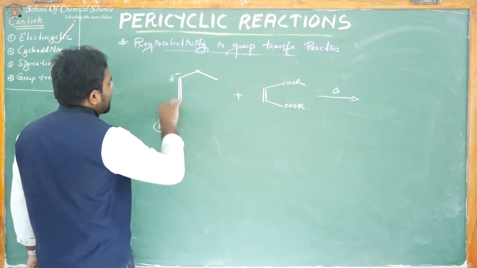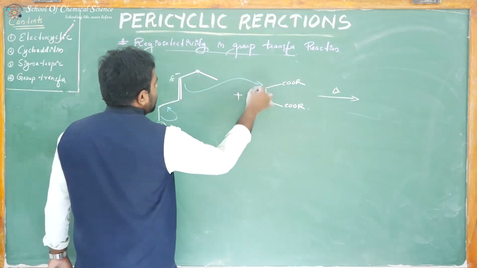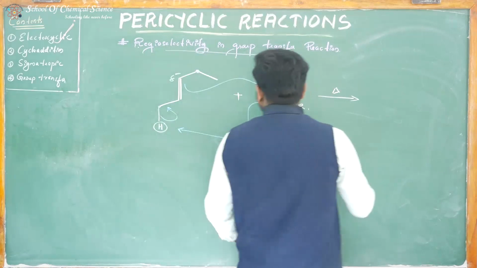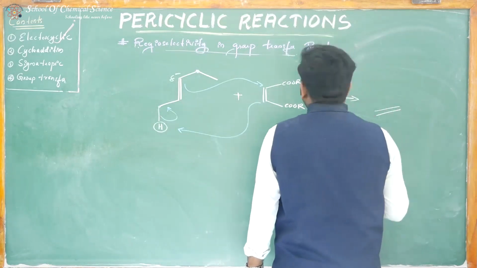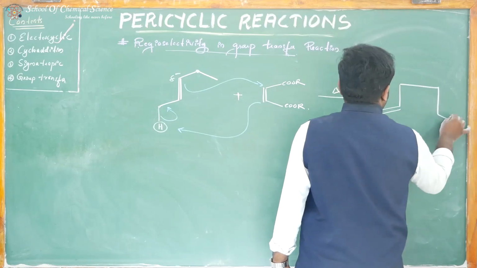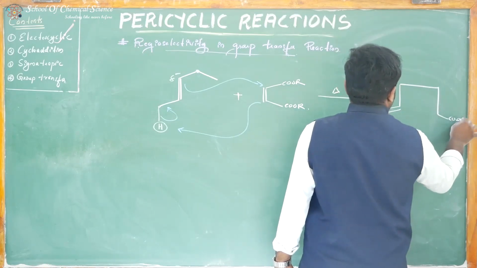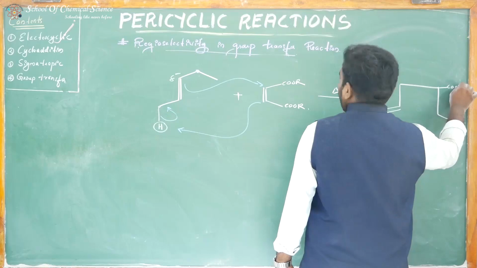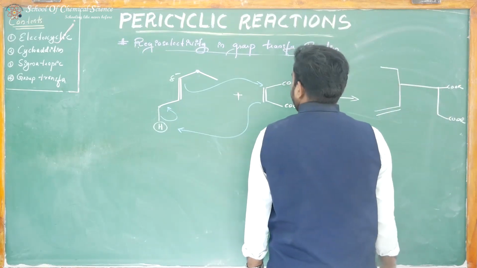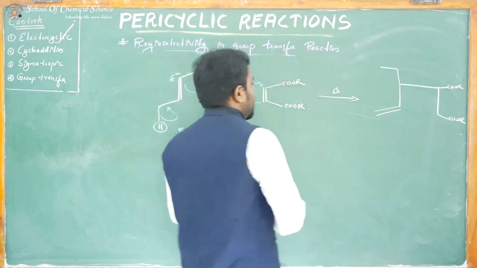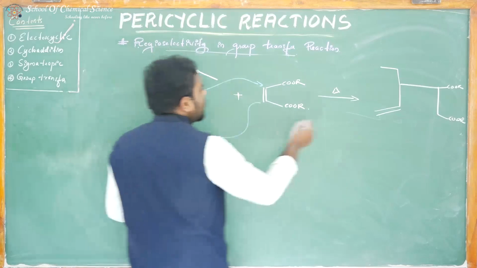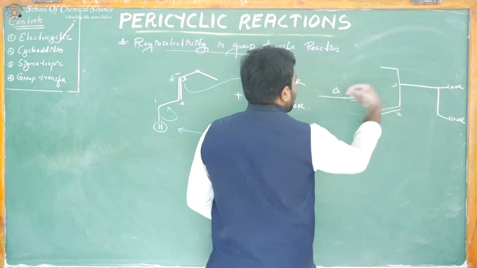So what will be the reaction? This carbon-hydrogen sigma bond makes a pi bond here, this moves towards here, this will catch the hydrogen. So what will be the product: between these two carbons a pi bond, which is connected to the third carbon, that is connected to the enophile containing COOR. Here an ethyl substituent is there. Give numbers 1, 2, 3.